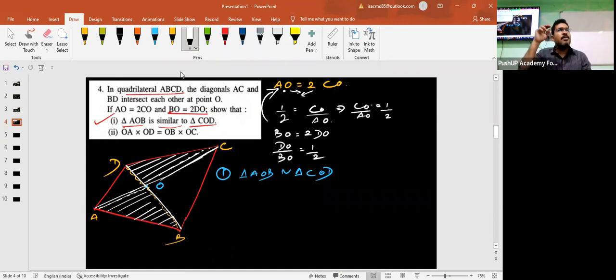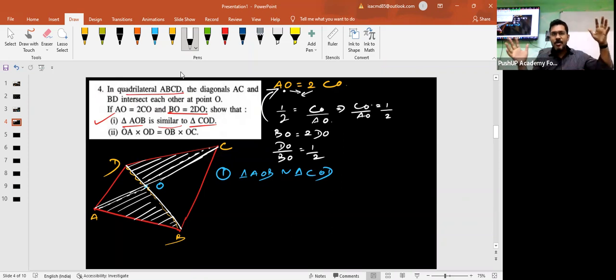Children, now in order to cover up that drawback, they have given you the ratio of CO, AO, DO, BO, so that we can apply side angle side axiom and show similarity between those two triangles.